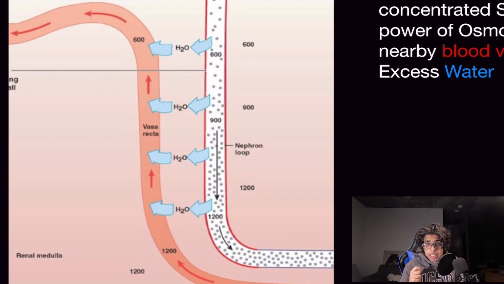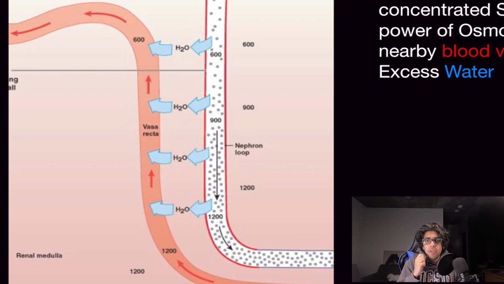If there is excess water, some of it will be picked up by the vasa recta. It's basically like a blood vessel that neighbors the loop of Henle, and it's able to pick up water. Just to reiterate, in the descending part we have aquaporins, which are specialized water channels, and water is able to leave.